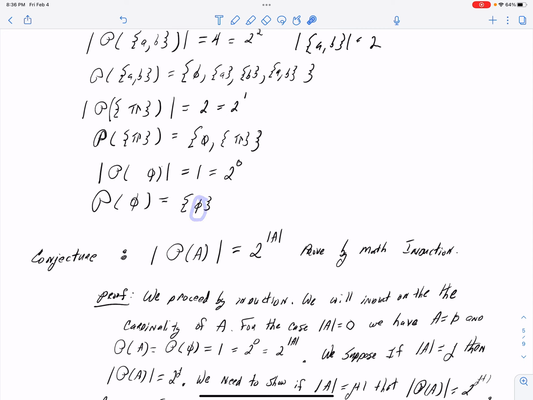It is the null set. So the cardinality of the power set of the null set is how many elements are in here, how many are in there, 1. And notice I can write 1 as 2 to the 0.